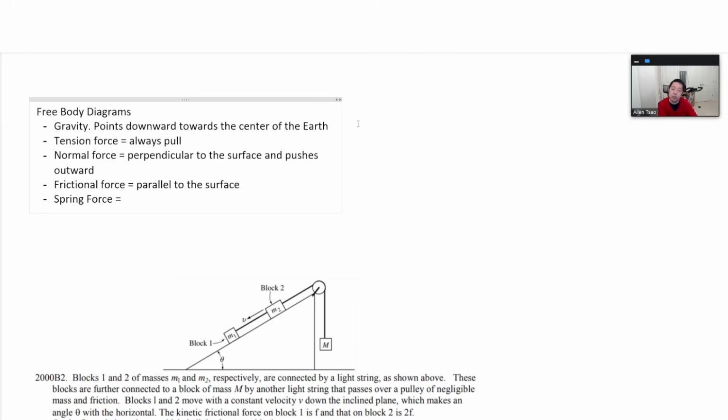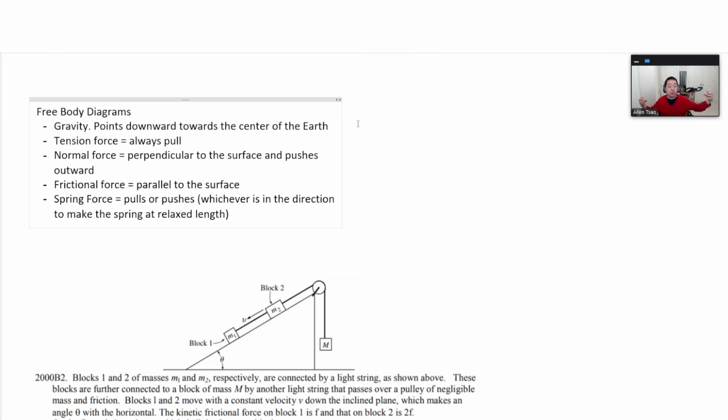This follows Hooke's law, which we're not going to get to in this problem, but basically a spring force pulls or pushes whichever is in the direction to make the spring return to its relaxed length. So very briefly, if I squeeze a spring, it wants to push outward.